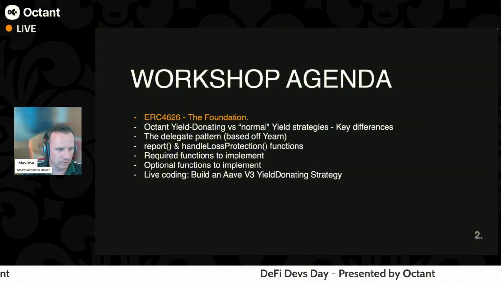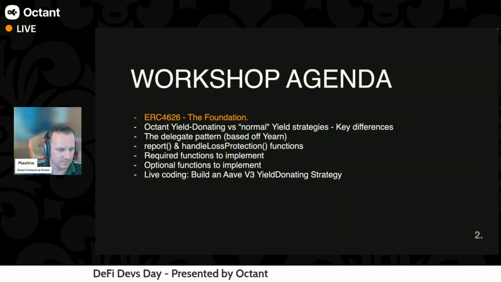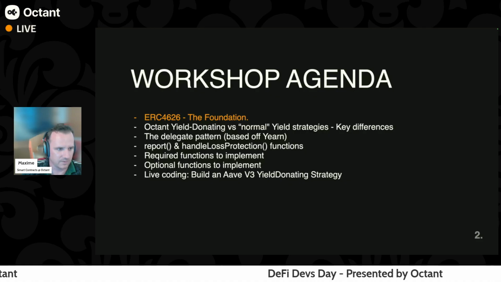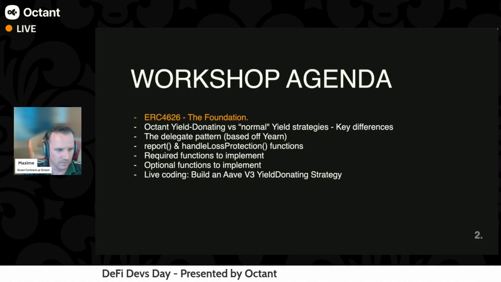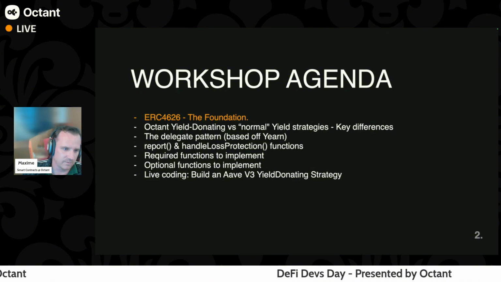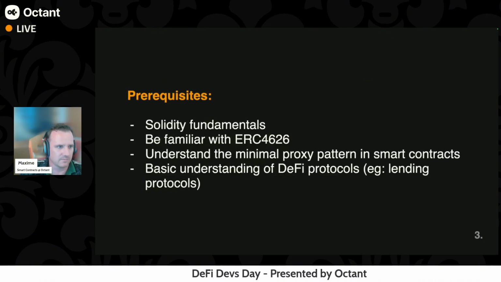I'll show you two of the most important functions of yield donating strategies. And then I'll show you all the required functions that you need to implement when you are building a yield donating strategy. And then we'll go into the optional ones. And at the end, I will actually build a very small Aave v3 yield donating strategy.